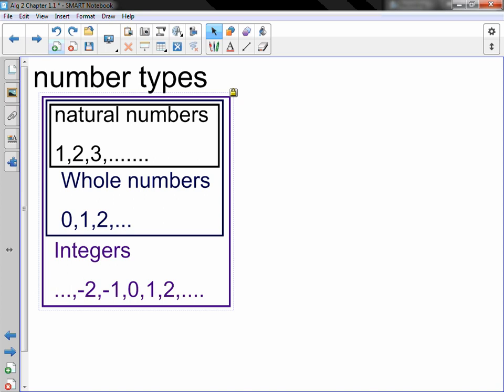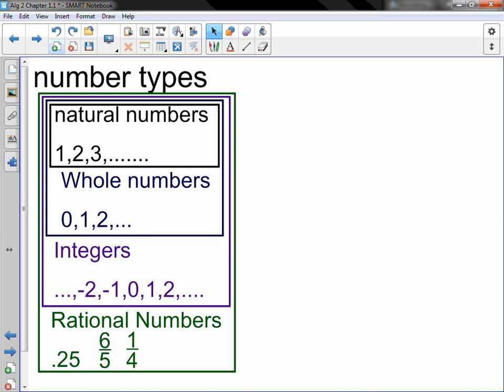Is that starting to look like a number line? Yes? What are we missing? Some of the stuff between the numbers, yes? And that would be our rational numbers, anything we can write as a fraction.